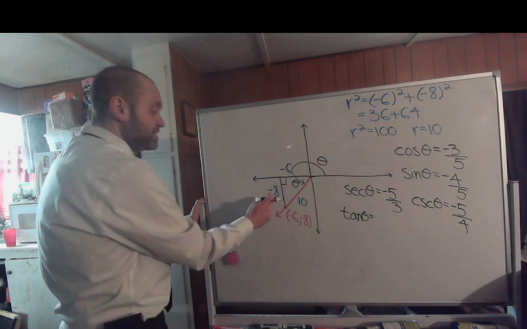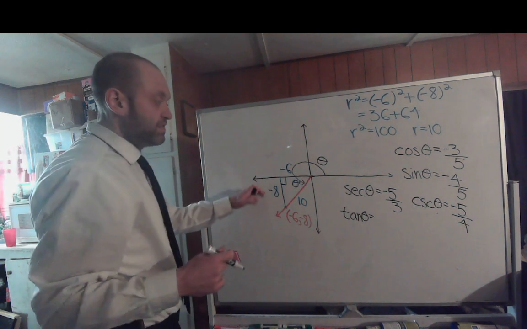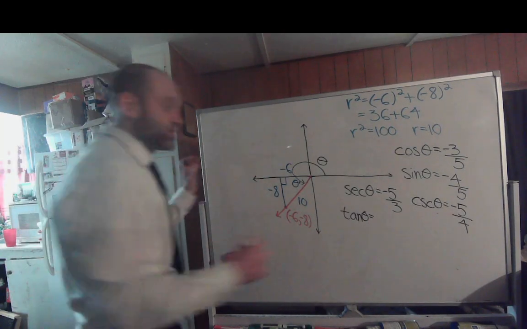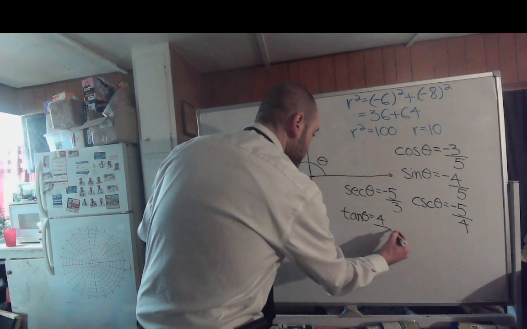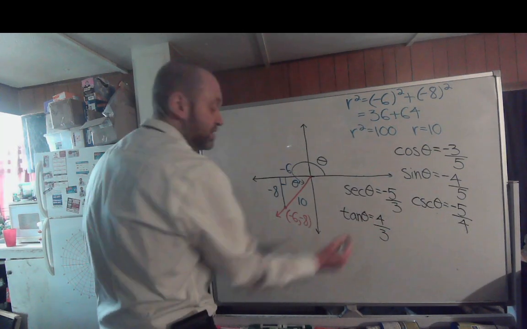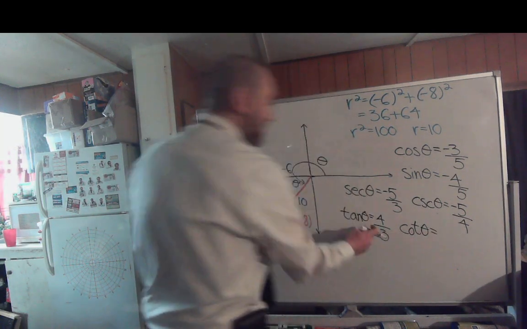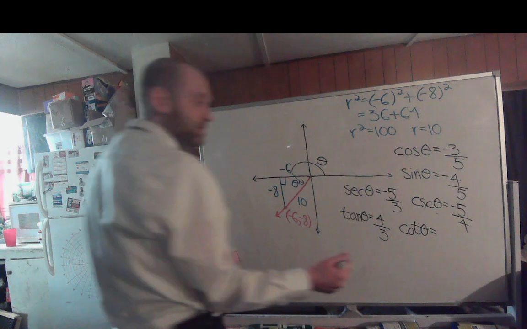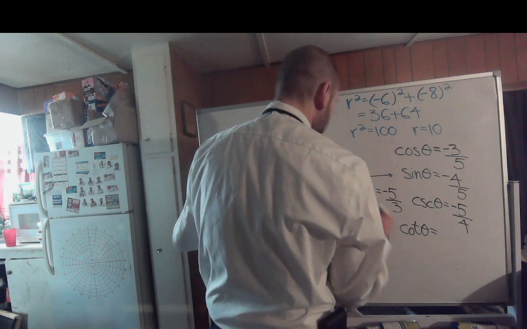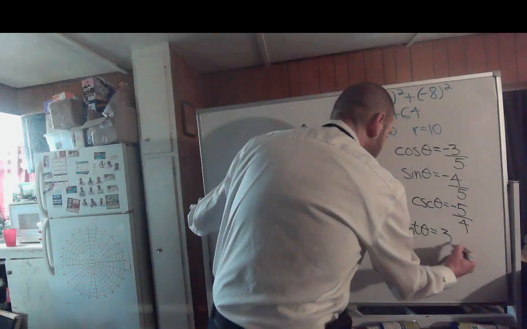So that's opposite over adjacent. Negative 8 over negative 6 would actually give you positive 4/3. And then your cotangent of theta, that's 1 divided by your tangent. 1 over positive 4/3 would be positive 3/4.